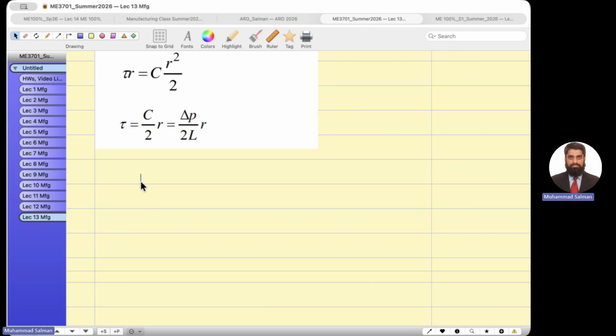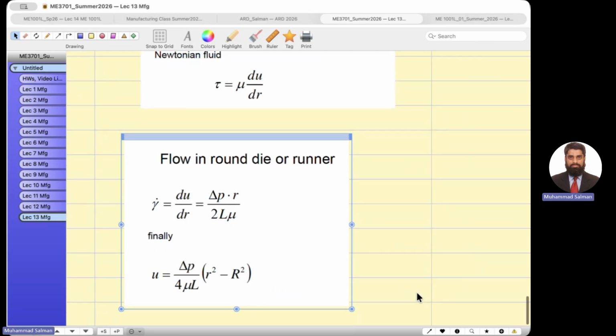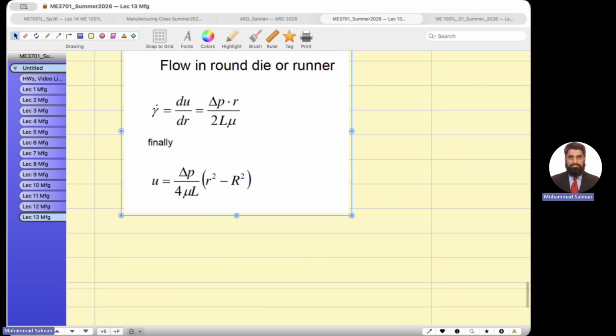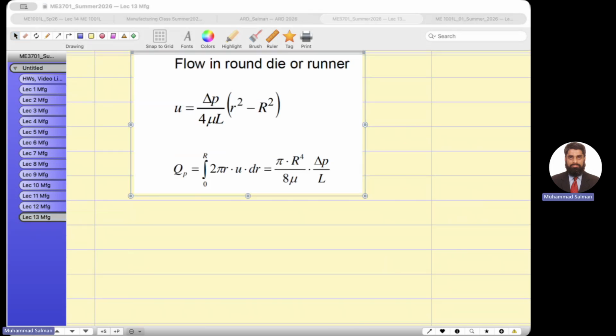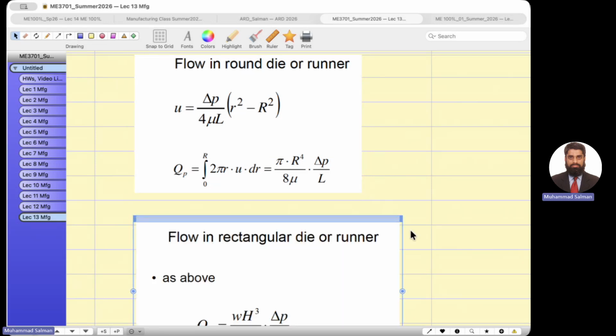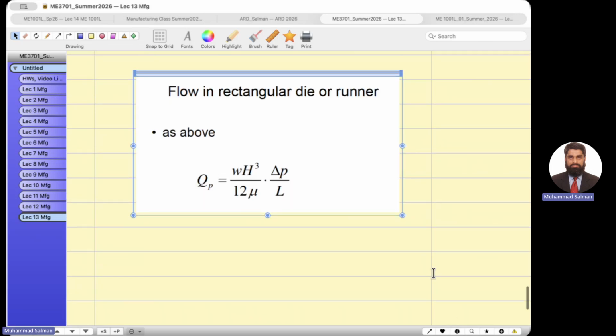The shear stress for Newtonian fluids is given by the formula: shear stress equals viscosity times du over dr. And then we have another formula here, the strain rate, which is du over dr, can be written like this. Still not complete. So this is the formula for the flow inside the die. Please write down this formula.